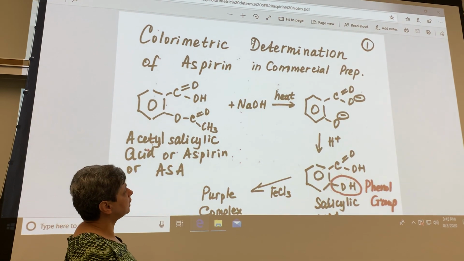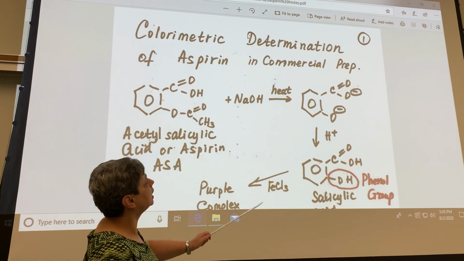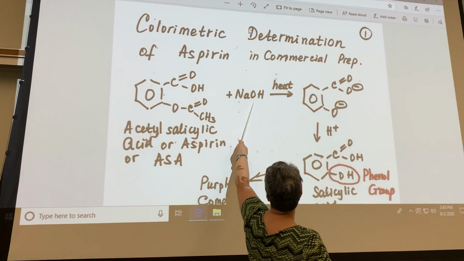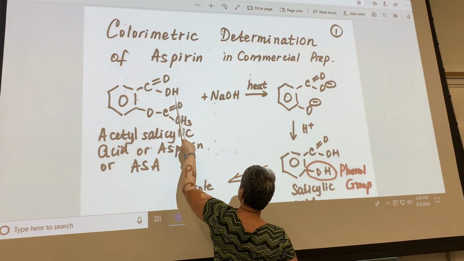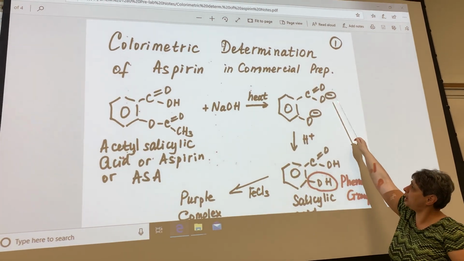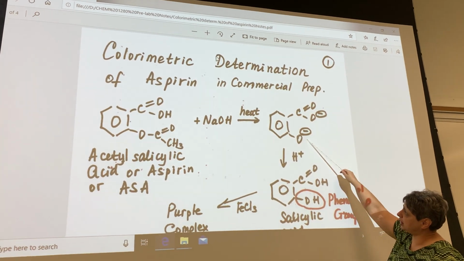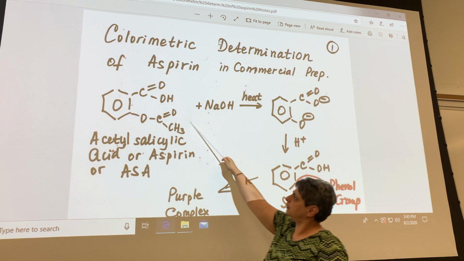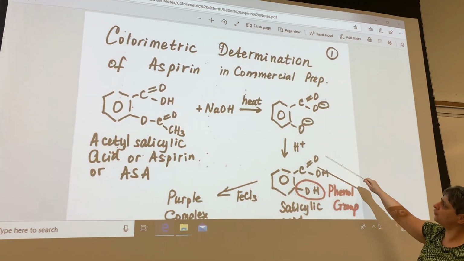Once the solution has been heated, sodium hydroxide will break up the ester group, and it will also break the acidic hydrogen off of the carboxylic acid group, creating this dianion. So you have a negative charge on this oxygen because your entire group here broke off, and also your hydrogen broke off.